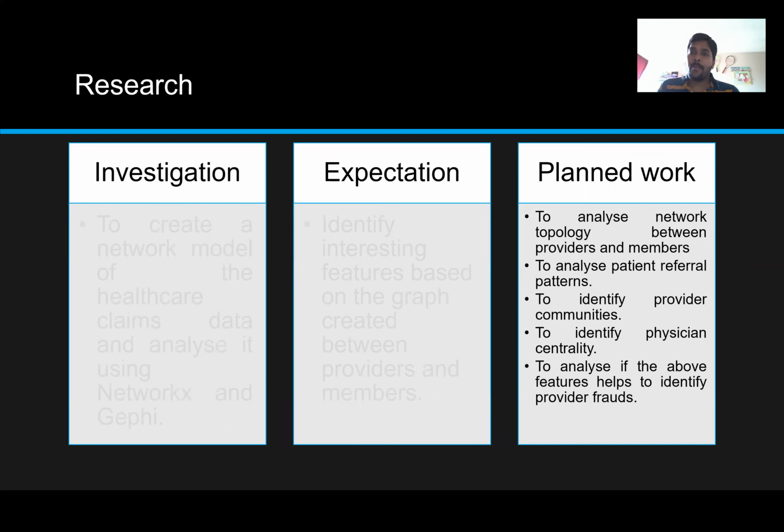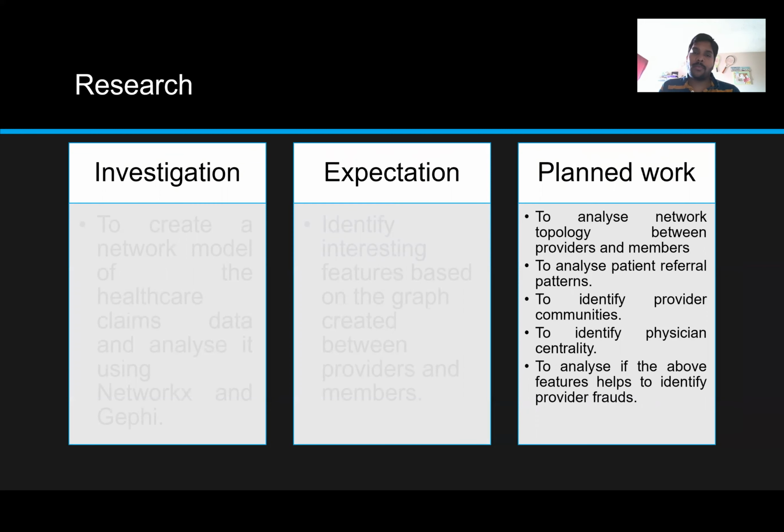My expectation is that if I succeed in identifying provider communities through claims data, then it would help me to identify fraudulent providers also. That is the reason I try to find provider communities here, and also to identify physician centralities.